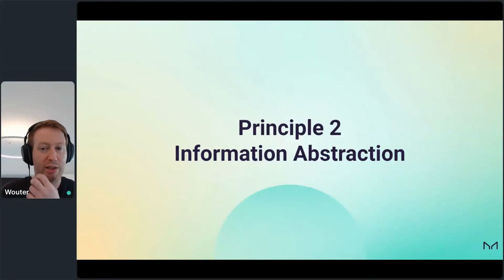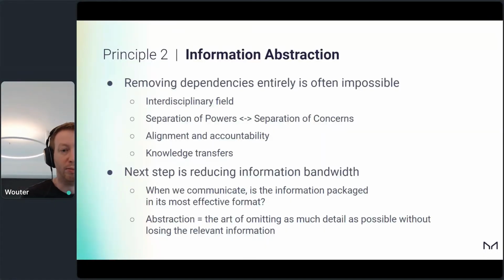is information abstraction. And this one is about when we do need to collaborate, and that's most of the time the case. Removing dependencies entirely is often impossible. Why? Because we're a very interdisciplinary field.